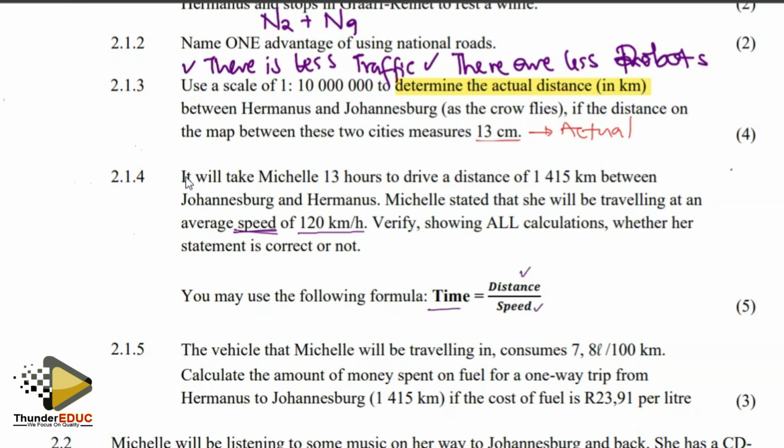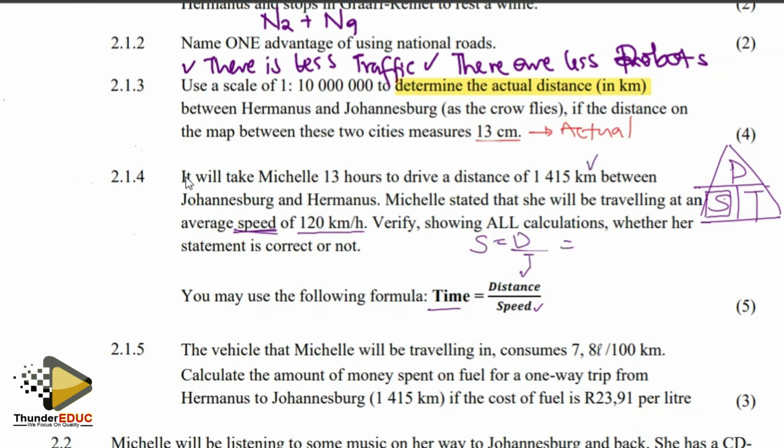Your teacher told you that when we are looking for speed, we use the formula with D, S, T, the inverted V. In this question we are proving speed, so speed equals distance over time.